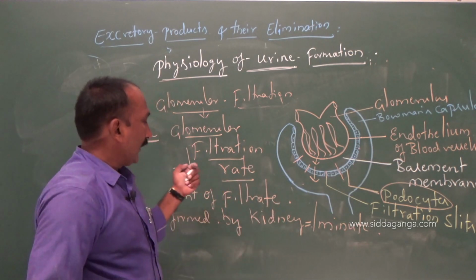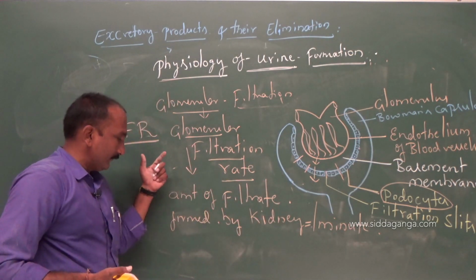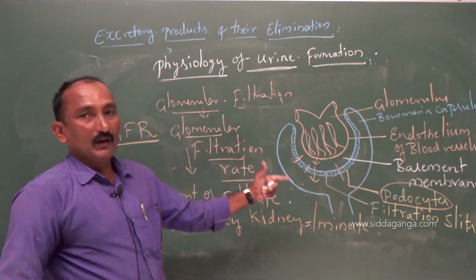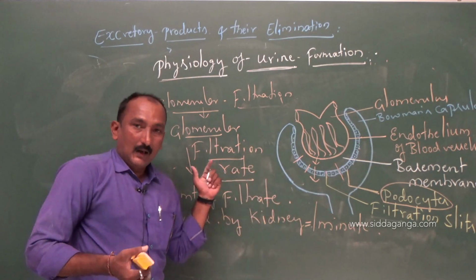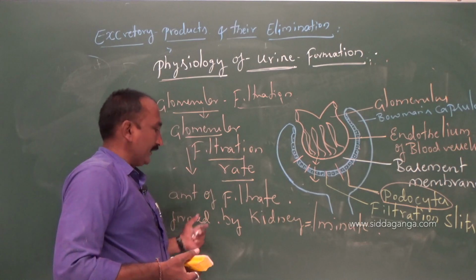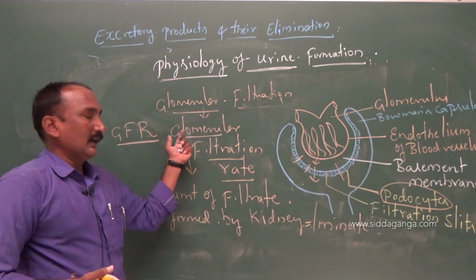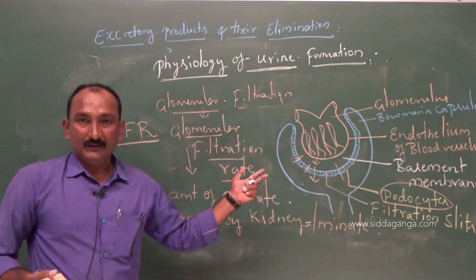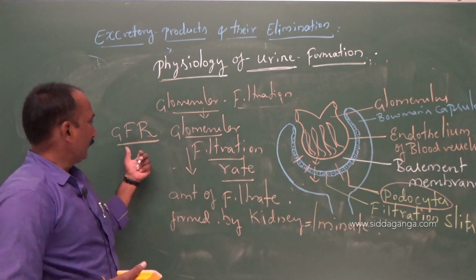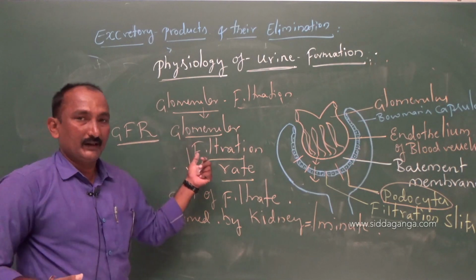So that quantity of the filtrate which is formed by the kidney per minute, whatever the amount of filtrate formed by the kidney per minute, is known as the glomerular filtration rate. In short form, we call it GFR.